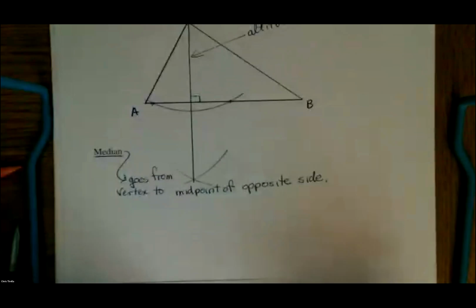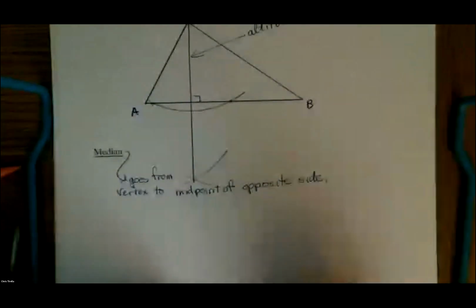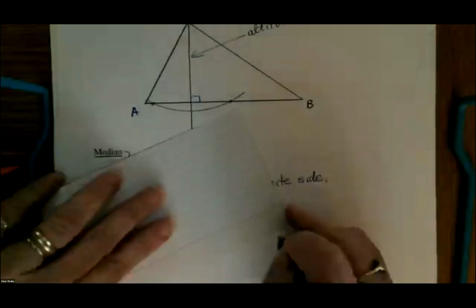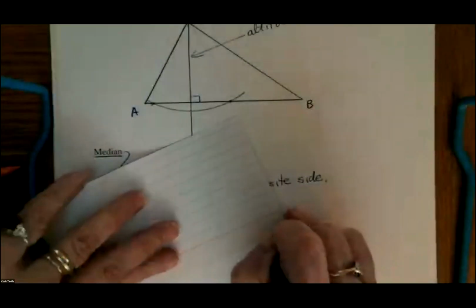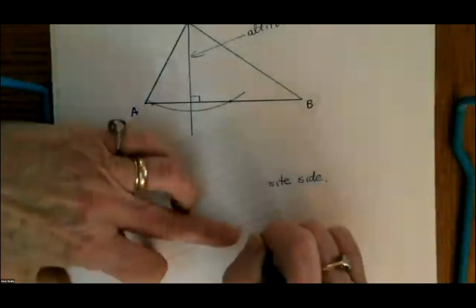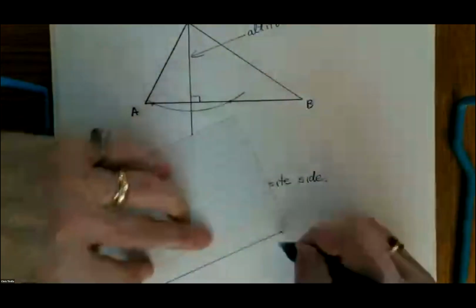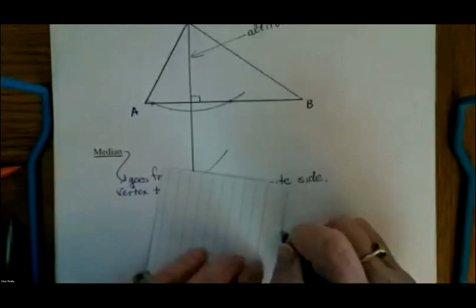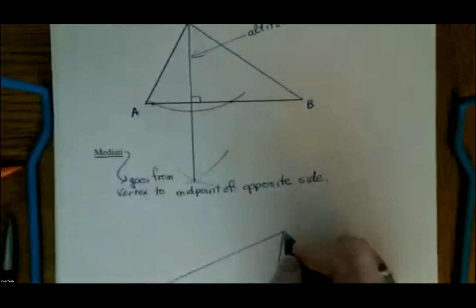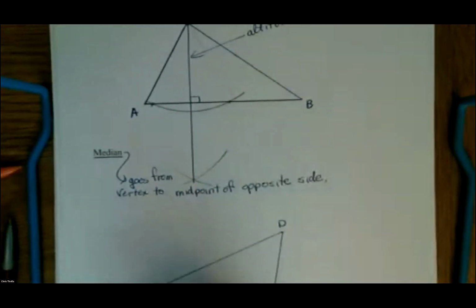And so let's again start with a triangle. I'm going to draw this one. I'm going to make this one obtuse just for the heck of it. And I'll call this triangle DEF.